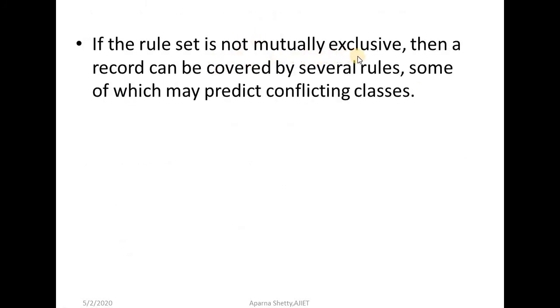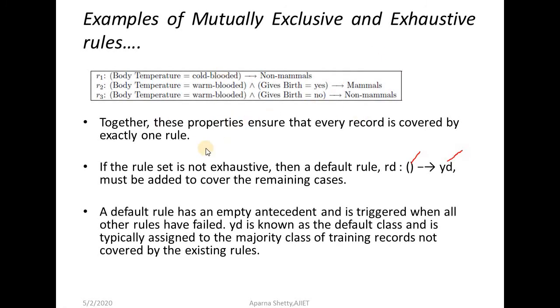If the rule set is not exhaustive, we have to add a default rule such that null set implies YD, where YD is the majority class label in the training records not covered by the existing rules. So this is how we overcome the exhaustive property.